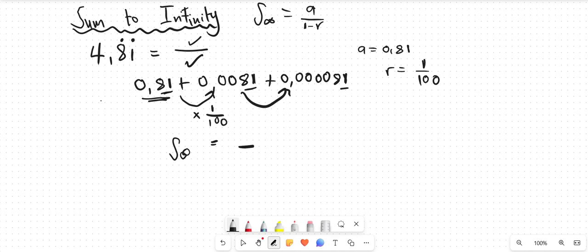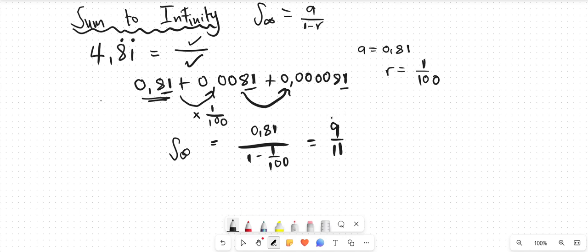Sorry, my infinity symbol looks weird. We have the 0.81 at the top. We have a 1 minus 1 over 100 here. And if you plug this into your calculator, you end up getting the fraction 9 over 11.